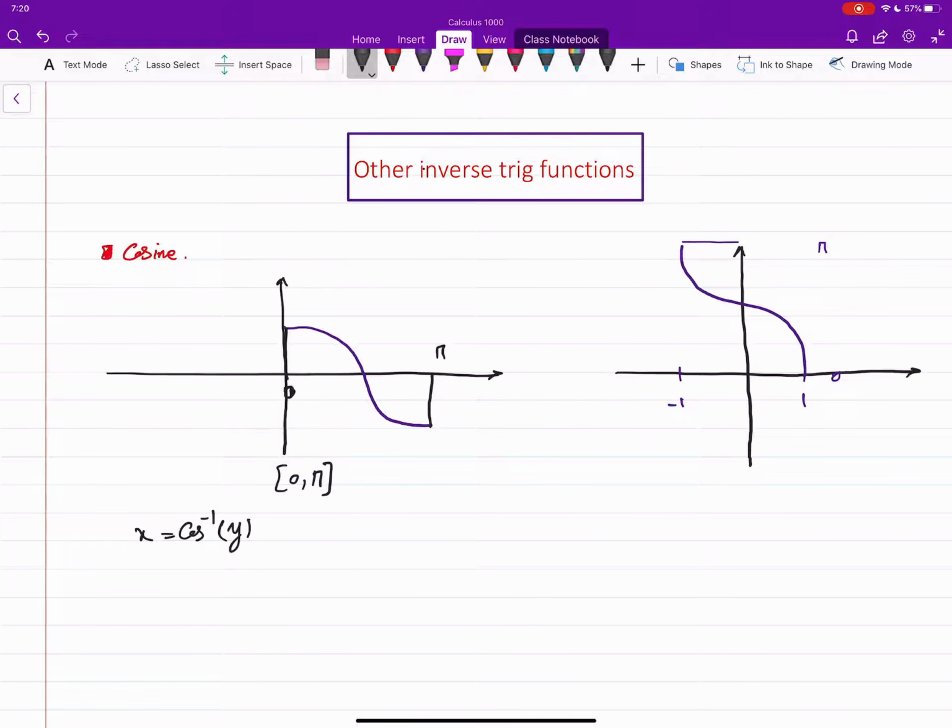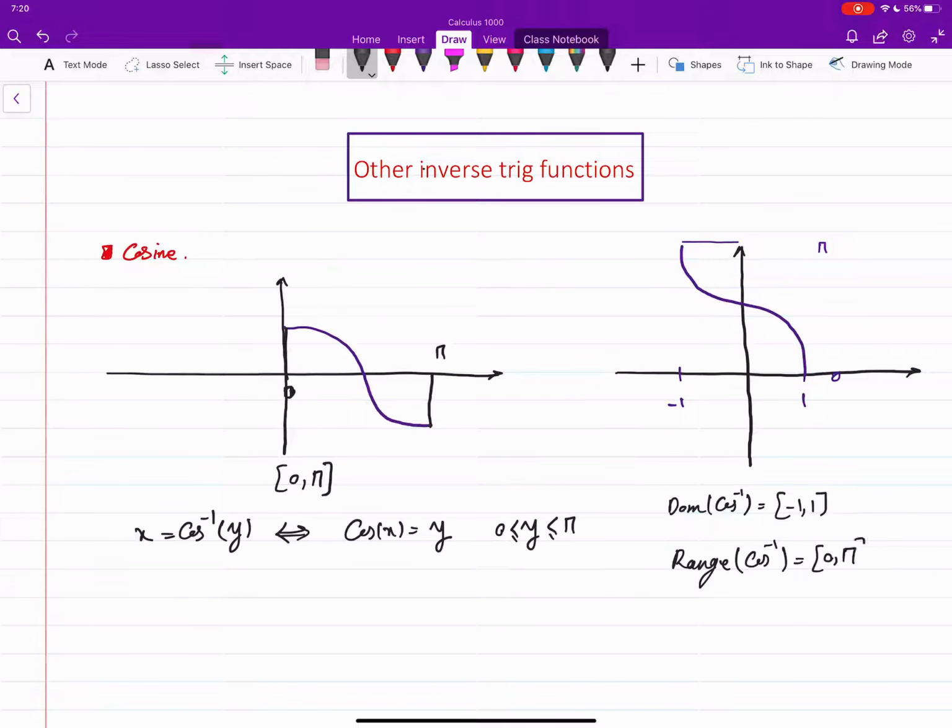Cosine inverse of y is x if and only if the cosine of x is equal to y, and we have to make sure that x is also in that interval. The domain of cosine inverse is [-1, 1]. The range is 0 to pi.